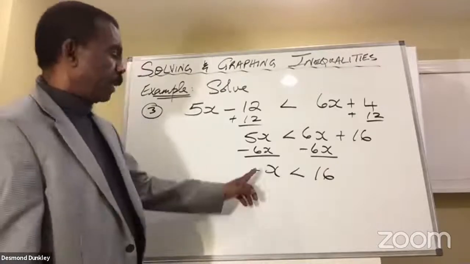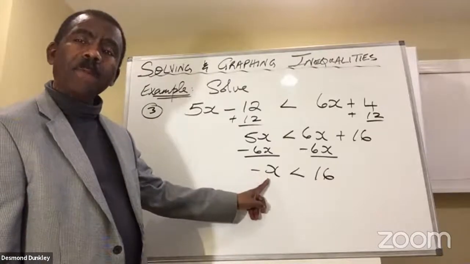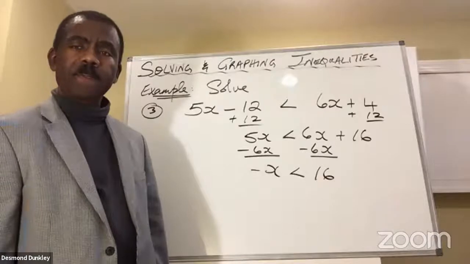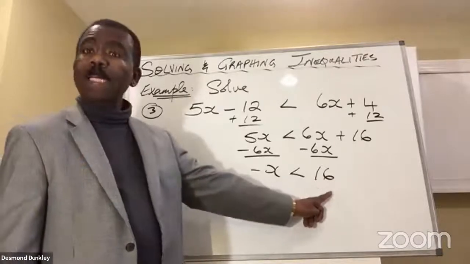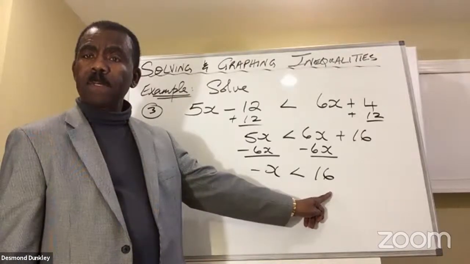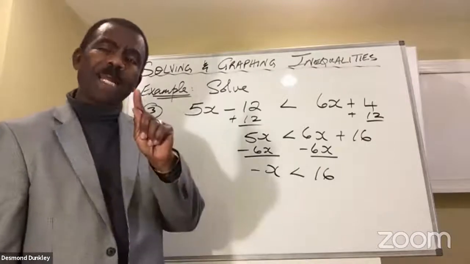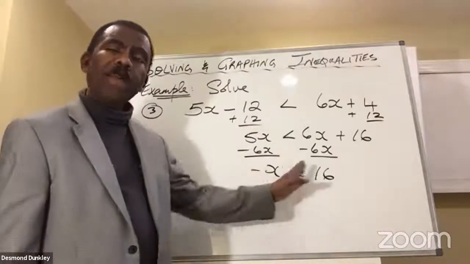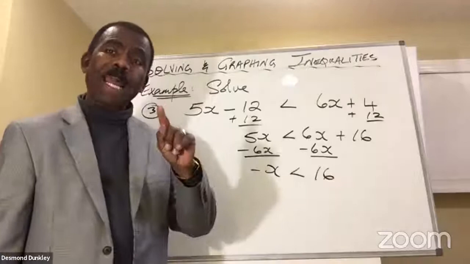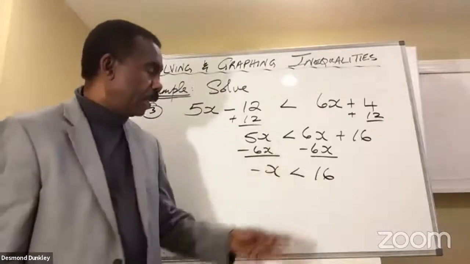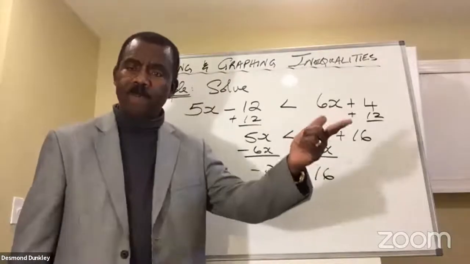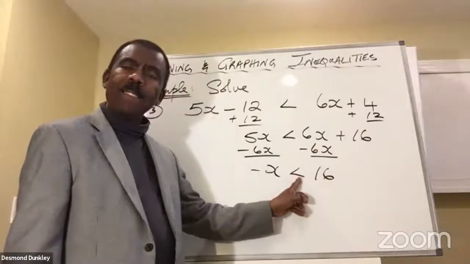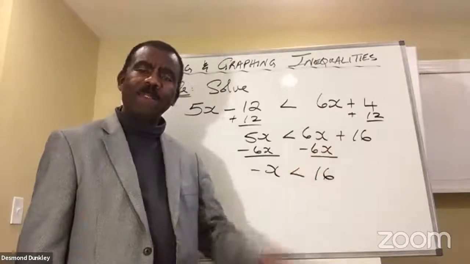Well, if we multiply the left-hand side by a negative number, this becomes positive. We also have to multiply the right-hand side by the negative number. Okay? But here's what happened. Whenever you multiply both sides of an inequality by a negative number, the inequality flips. So instead of less than, it becomes greater than.